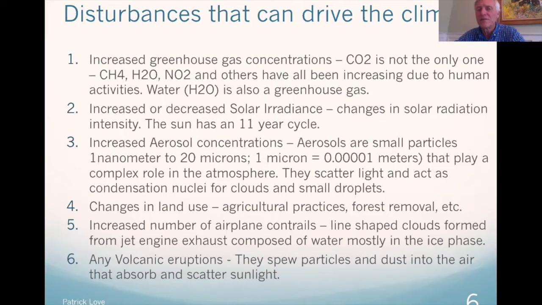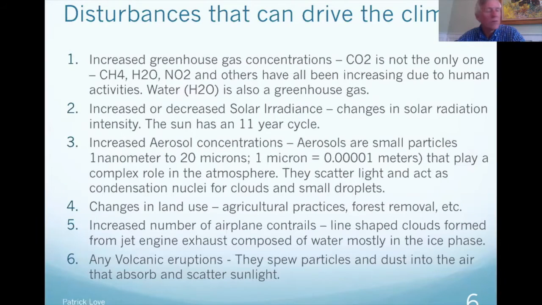At any rate, we know that the sun goes through an 11-year cycle, and its energy goes up and down in that cycle, right? And the question, of course, is how that affects what we see. Now, of course, what we see is not an 11-year cycle. What we see is a steady increase in the temperature measurements. But we'd like to know the role that the sun's output plays in the warming.